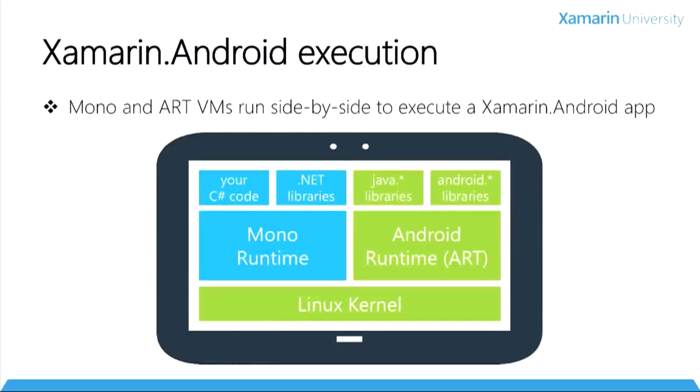On a device at runtime, you actually end up with two execution engines running side by side. You have the mono runtime, which is necessary to execute your IL code, and then you have the Android runtime, which is necessary to run the Java code, the Android libraries, right, all the native Android Java types.